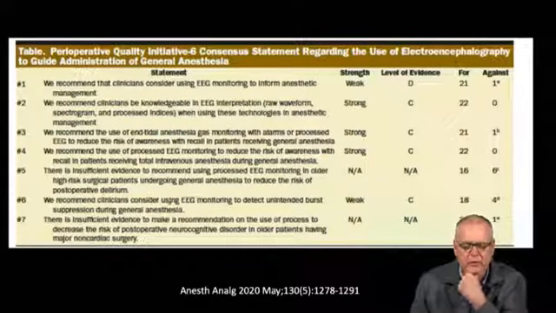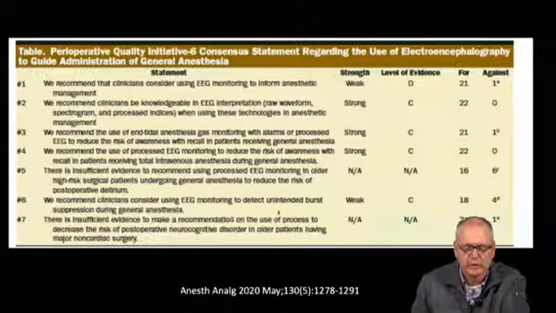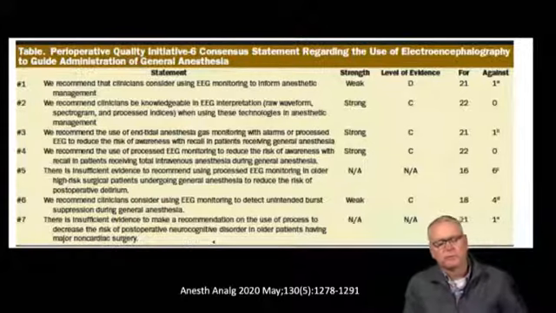We recommend clinicians consider using EEG monitoring to detect unintended burst suppression during general anesthesia. So again, we need to know what that is and where to measure it and how to look at it. And there's insufficient evidence to make recommendations on the use of processed EEG to decrease the risk of postoperative neurocognitive disorders in older patients having major non-cardiac surgery.